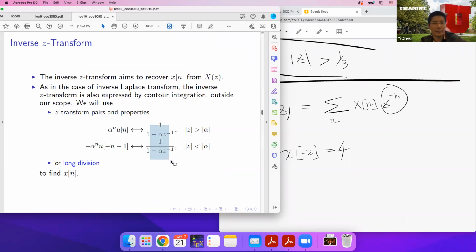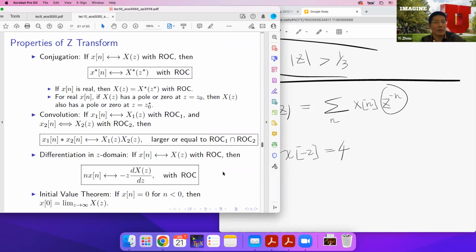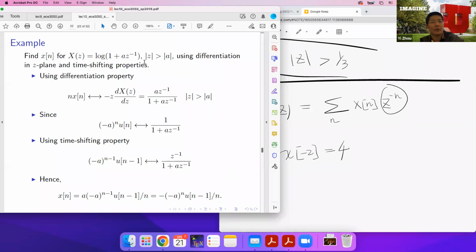Like this one. The only way to relate a logarithm to fractions is to consider taking the derivative of the log function, right? Because taking the derivative of log x is 1 over x. So this motivates us to think about the differentiation property.